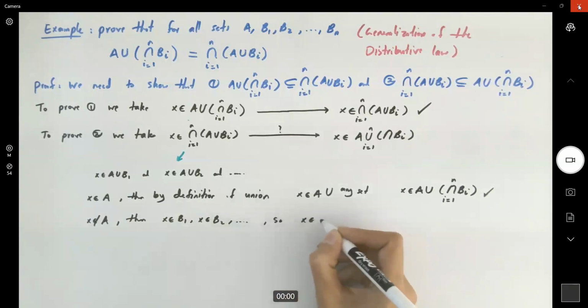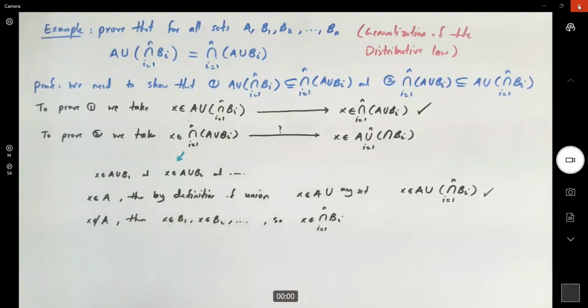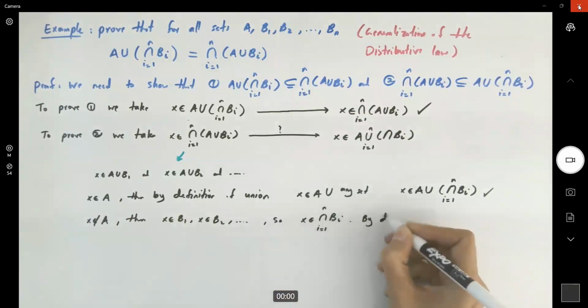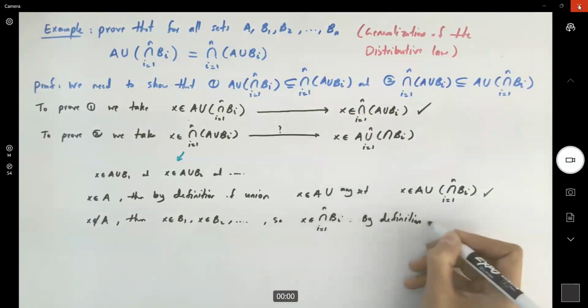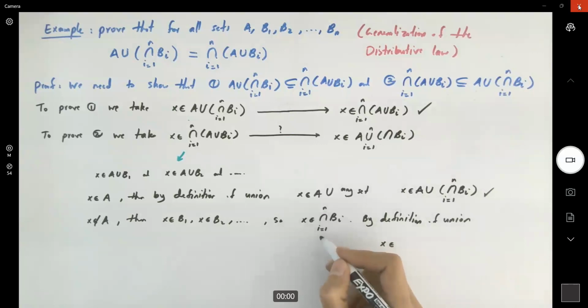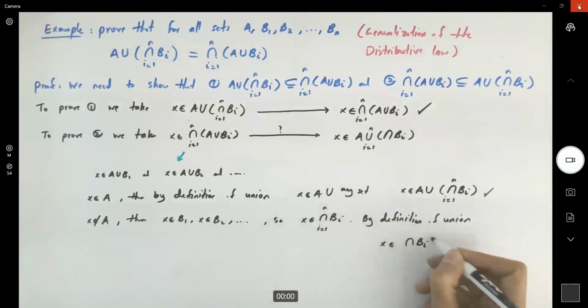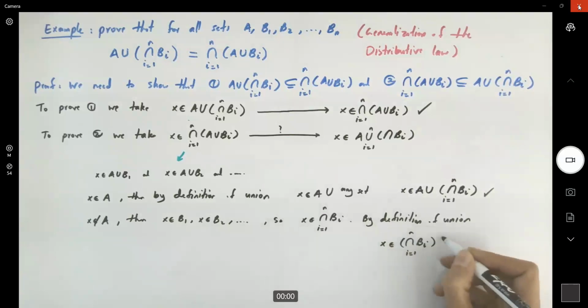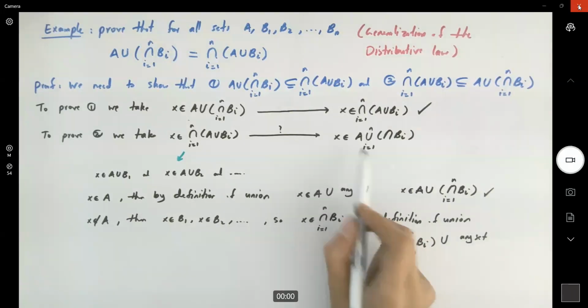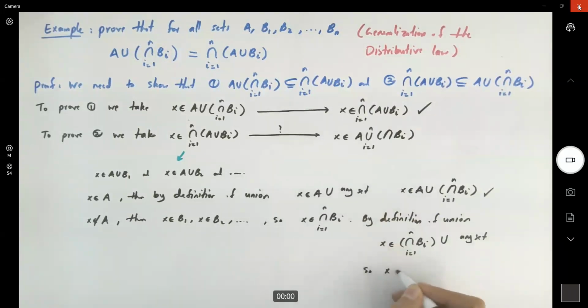So x belongs to the intersection of Bi's, i starts from 1, goes to n. But again, by using the definition of union, x belongs to this set union with any other set. For the sake of our proof, we're going to take that set as A. So x belongs to the intersection of Bi's, i starts from 1 to n, union with set A.